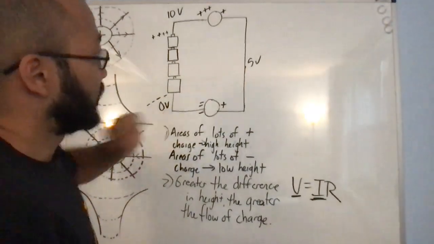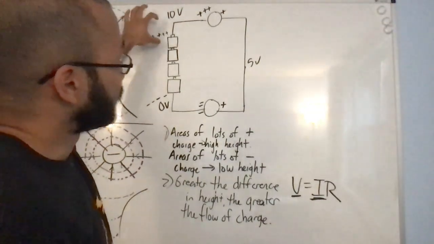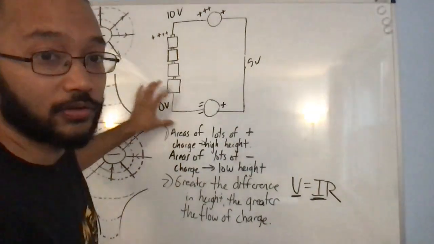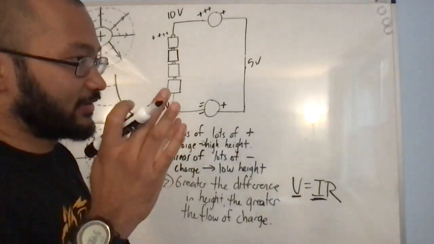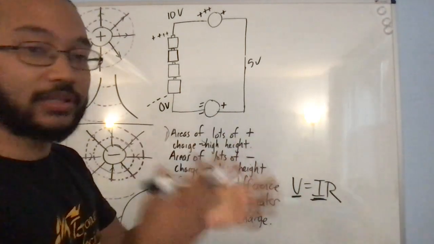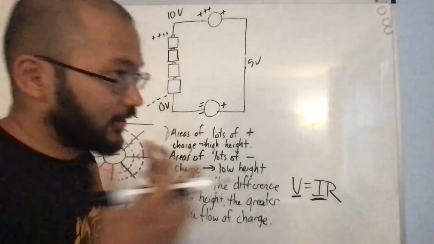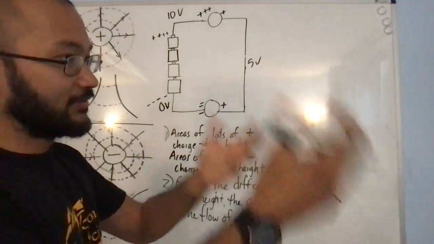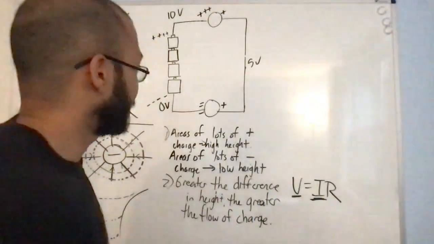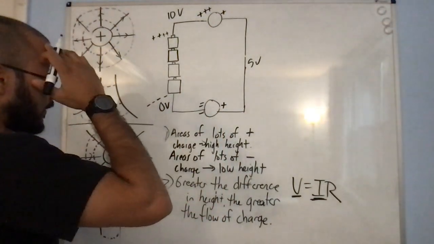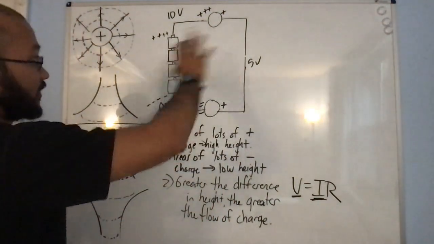I don't want to dwell on that, but the key idea is that you're losing height along the way, and a light bulb is just like a roadblock. It's not doing anything to the charge. It's just impeding it, and as the charges hit the light bulb, the filaments get hot and give off light. That's the whole trick. All right, that's what's happening in a regular circuit.